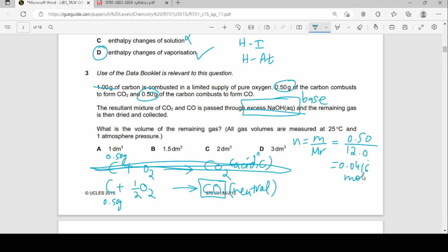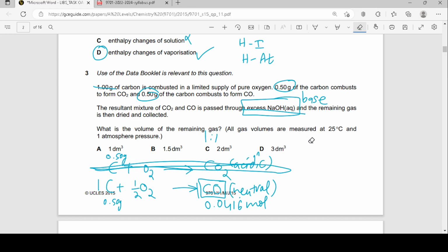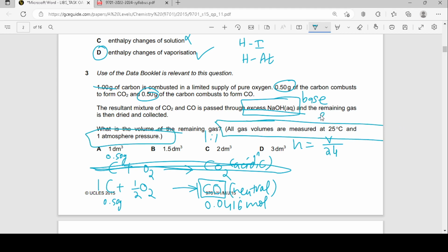0.0416 moles. Now if I look at the molar ratio, 1 carbon is to 1 molecule of carbon monoxide, right? So the molar ratio is 1:1. If this is 0.0416, then we also have 0.0416 moles of CO. Now I can find the volume using the formula n equals V over 24, because they said it's at 25 degrees Celsius and 1 atmosphere pressure, which means room temperature and pressure.